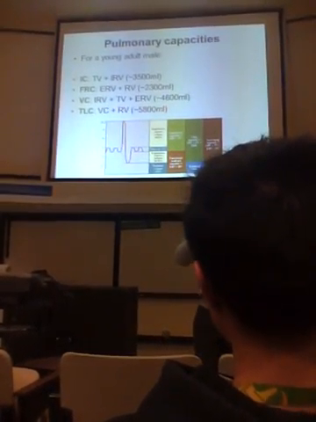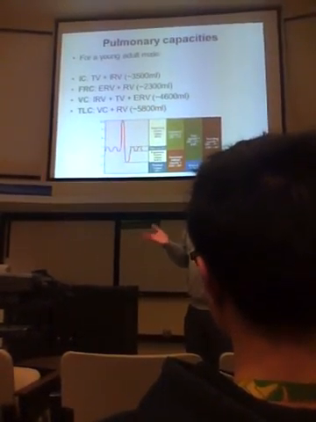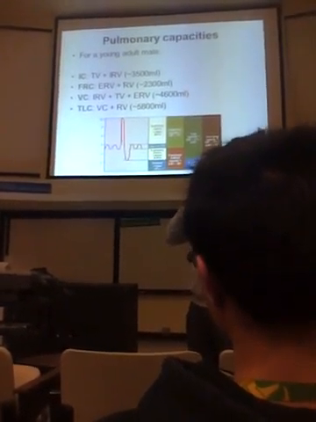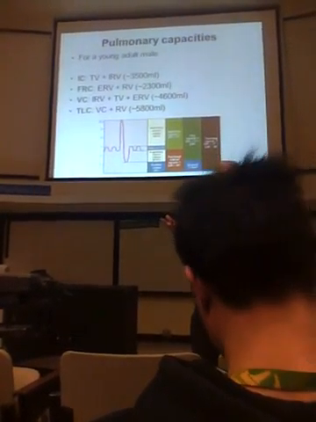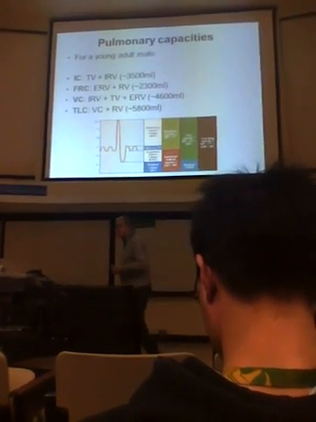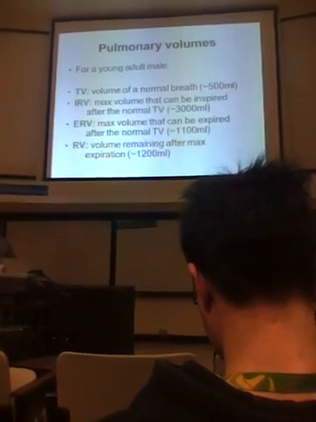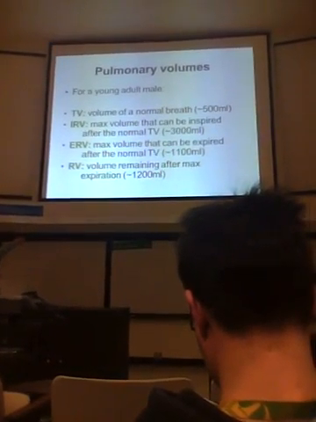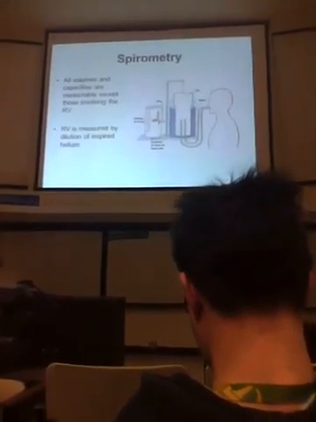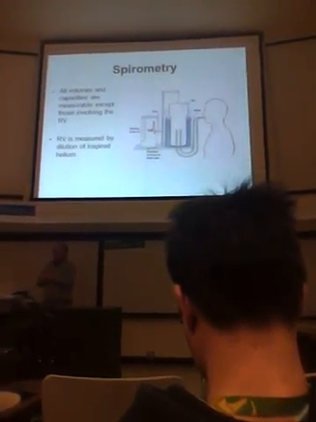You know how much came in, you know how much came out, you know what the dilution is, therefore you know what the volume is that it was diluted in. So it's done by a dilution method, if you need to do it. And it turns out to be about 1,200 mils. There it is. Residual volume is measured by dilution of inspired helium.